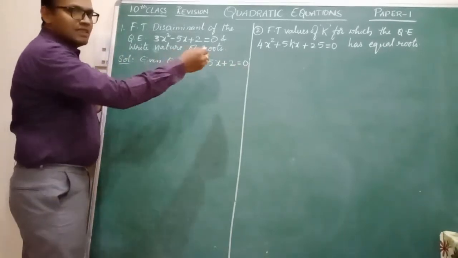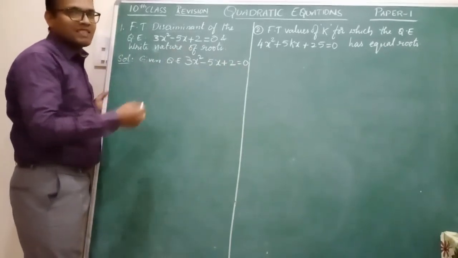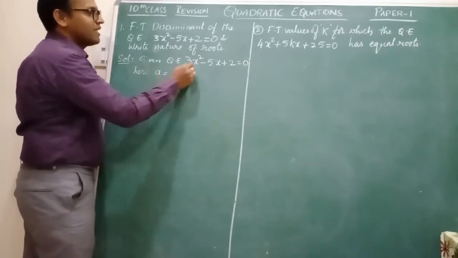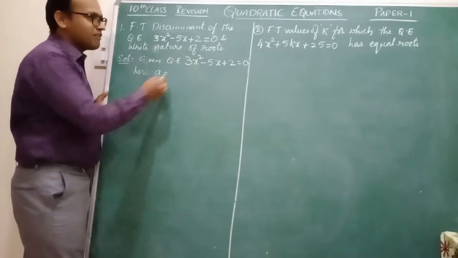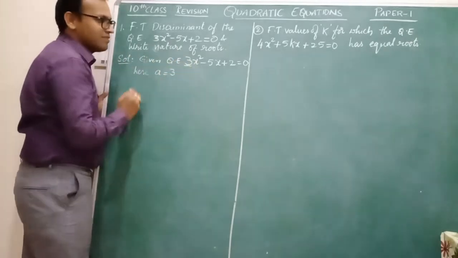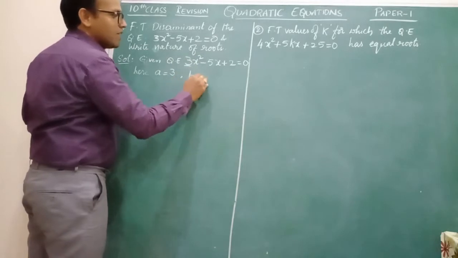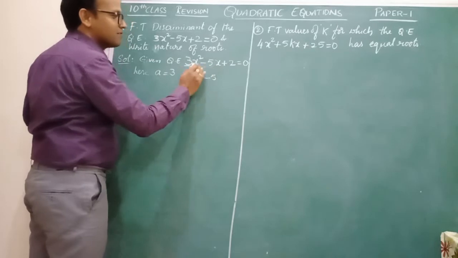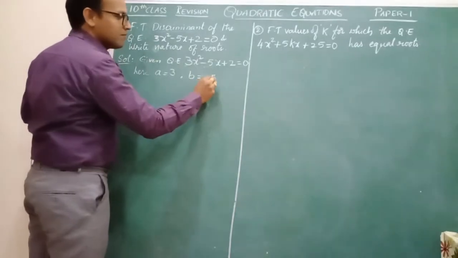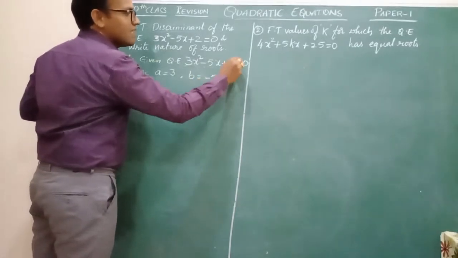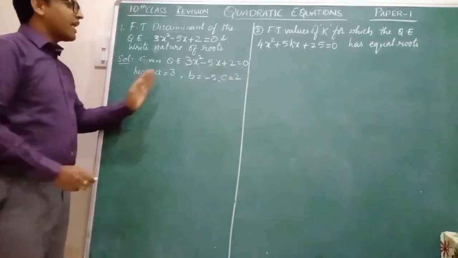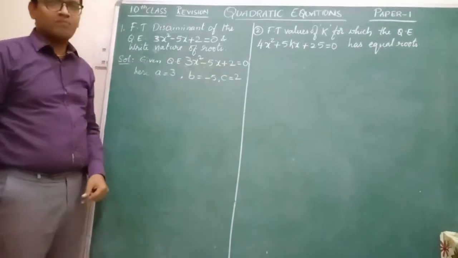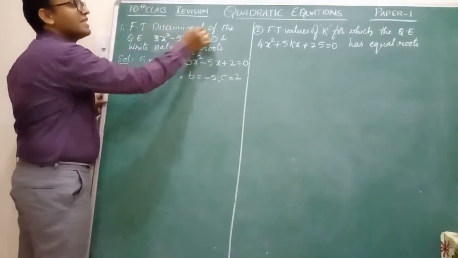Here a, the x square coefficient, is 3. B, the coefficient of x, is minus 5. C is the constant 2. So I got the a, b, c values: 3, minus 5, 2.